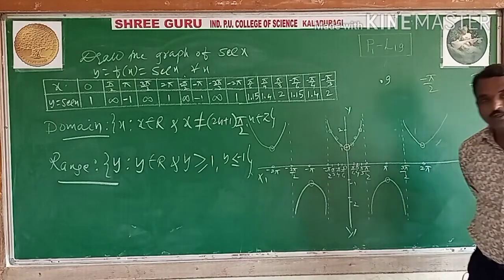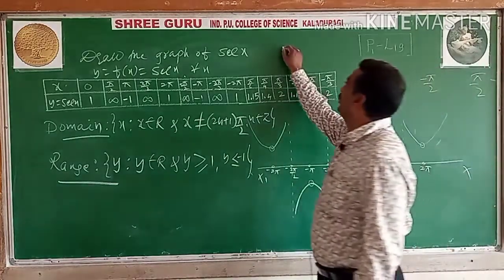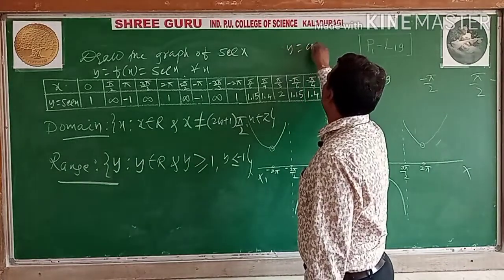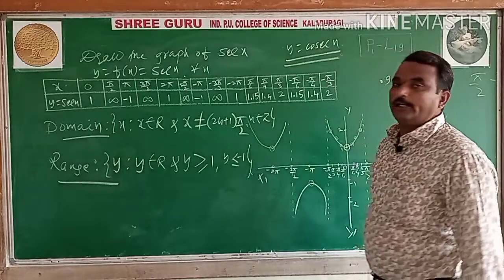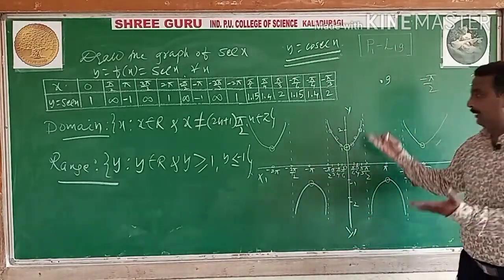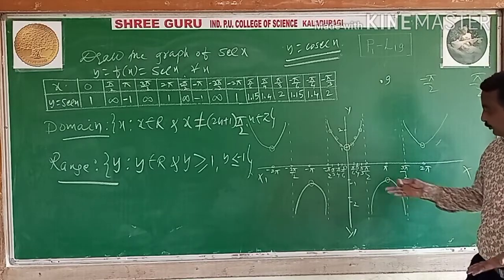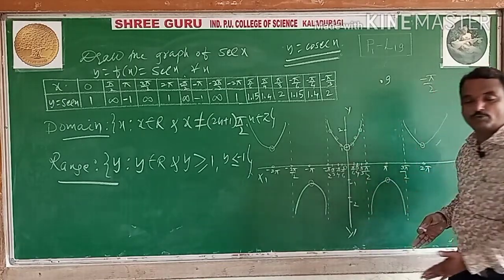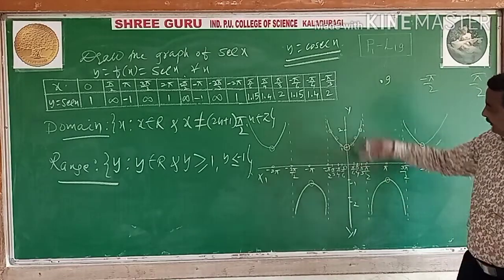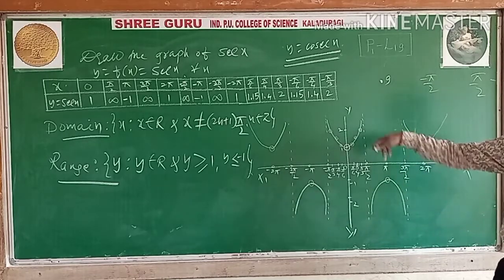So with this, I conclude today's class. Here I am giving you the cosecant x graph to try. You may draw it yourself, the same way as you have drawn tan x, cot x and secant x. For cosecant x, between the lines from 0 to pi, you will get the same type of curve as secant x, one up and one down.